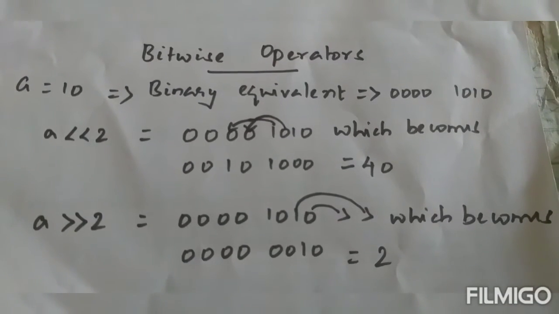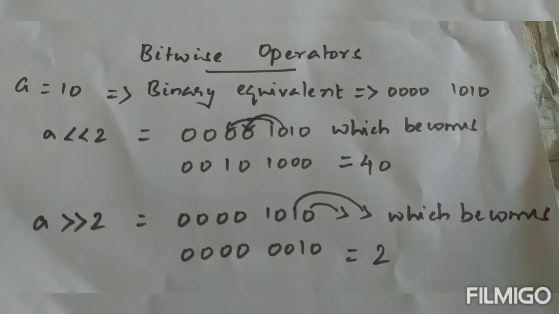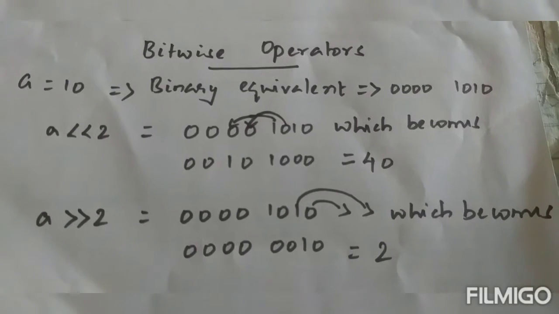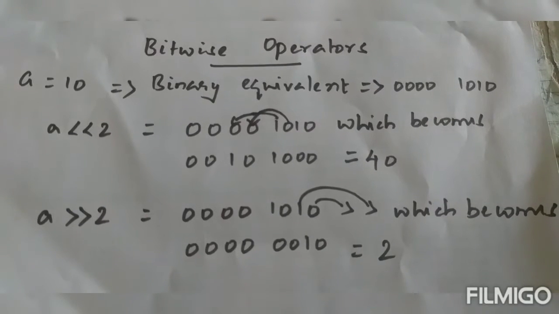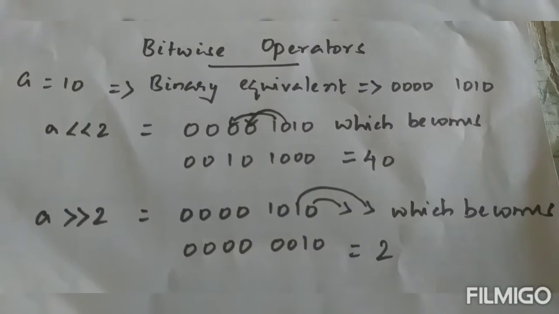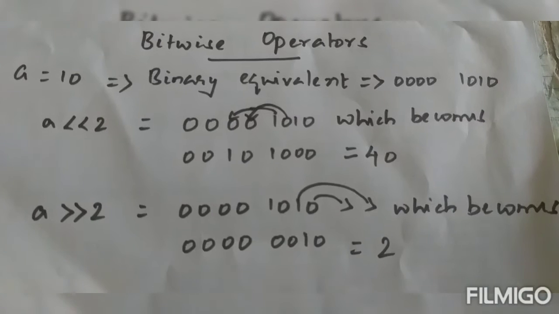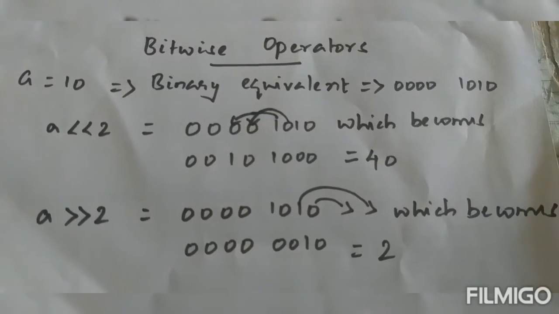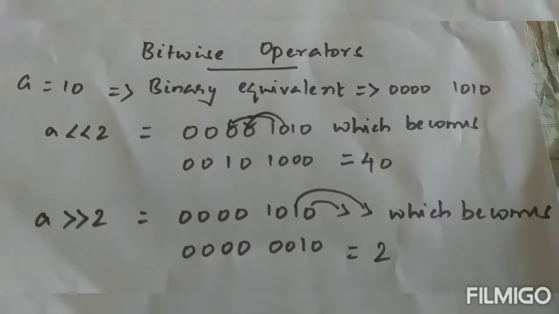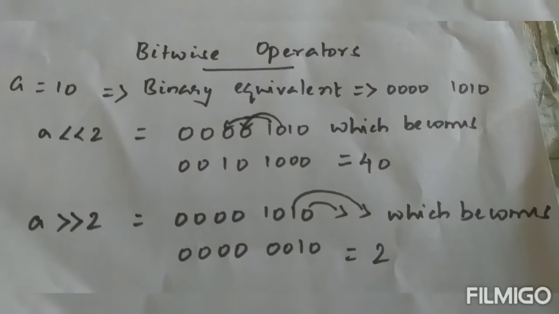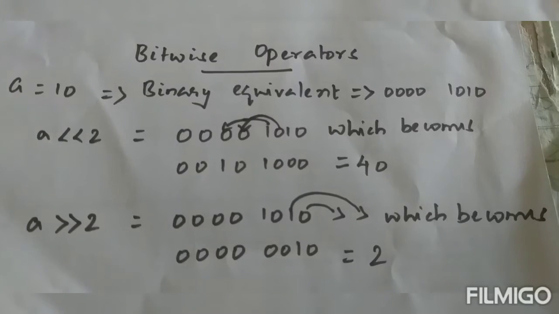Now it is bitwise operators, left shift and right shift. So left shift I say first, a left shift 2. So a's binary equivalent is 4 zeros and 1 0 1 0. Now the first bit and second bit, that is 1 and 0, will be shifted left. So what happens when 1 comes out and 0 comes out?